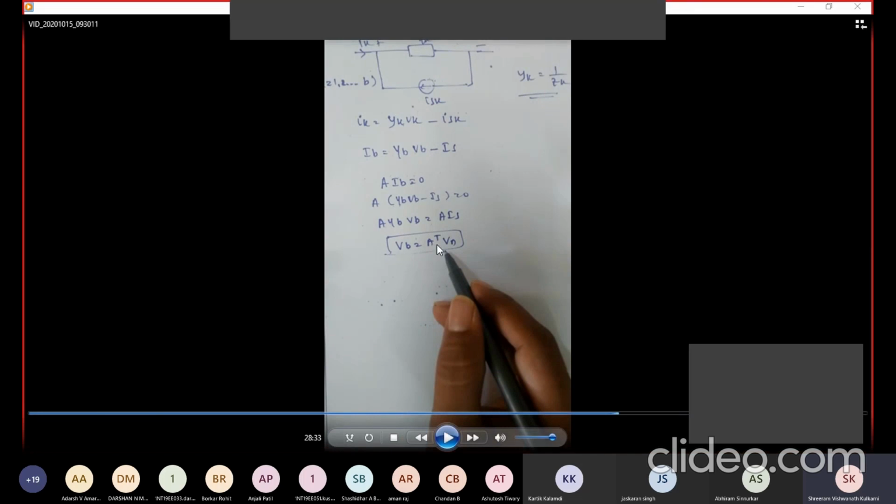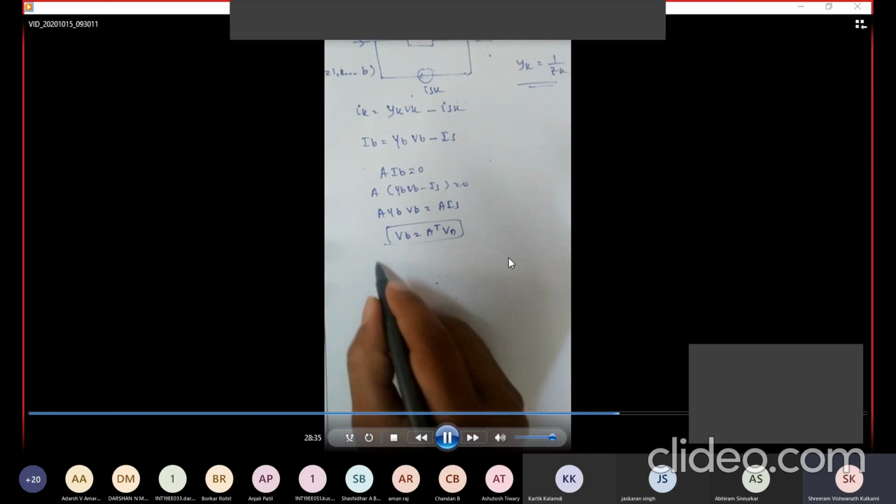VB equals A transpose VN, where VN is the node voltages, A is the incidence matrix, VB is the branch voltages. For KVL, we need to remember IB equals B transpose IL. IL is the loop current, B is the tie-set matrix, IB is the branch currents.